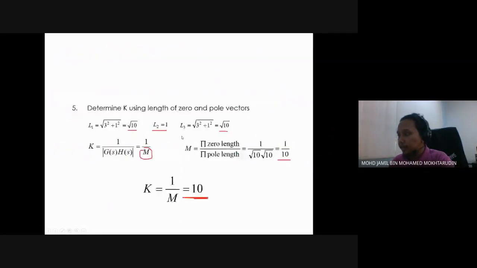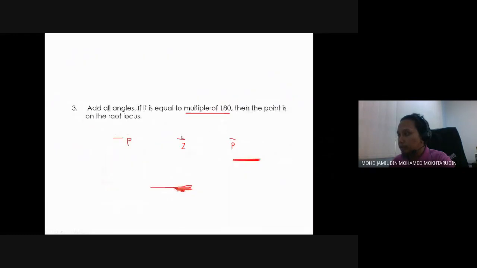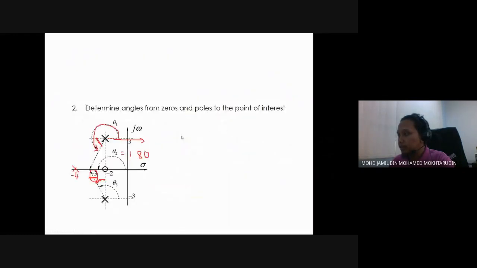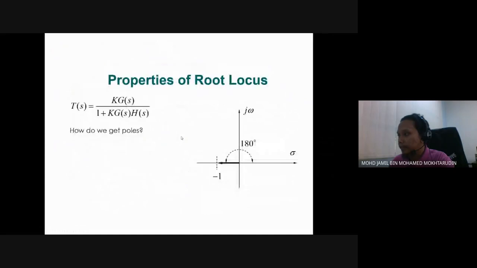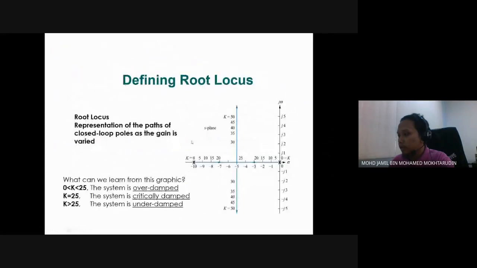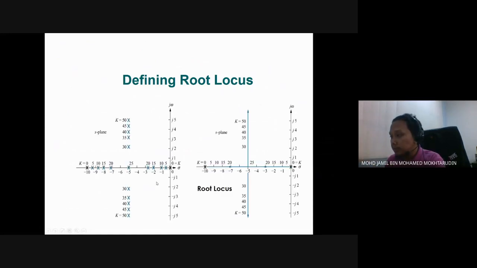The example that I gave you is an example of drawing the root locus by varying the value of k. But tomorrow we will learn how we can sketch the root locus without doing this table.